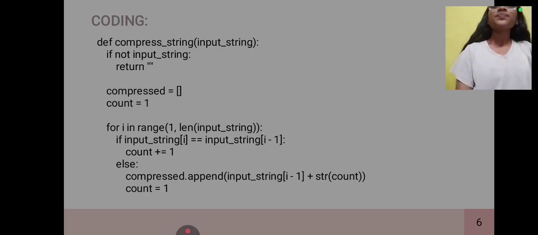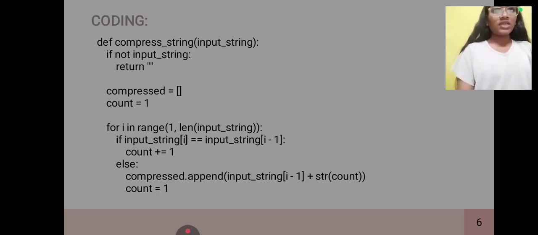It goes like this: we define a function compress_string, and in the brackets we give input_string. Then we use an if condition: if not input_string, we return. Then compressed list, and we give count as 1.